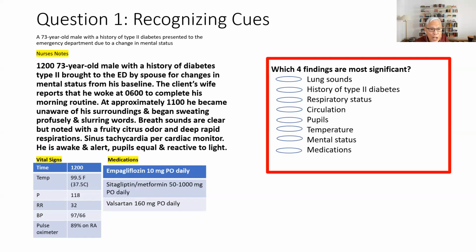Because of the change in the mental status, as well as the history of diabetes, and because his respiratory status shows that he is breathing fast. So the correct answers here are history of type 2 diabetes, as well as the respiratory status.